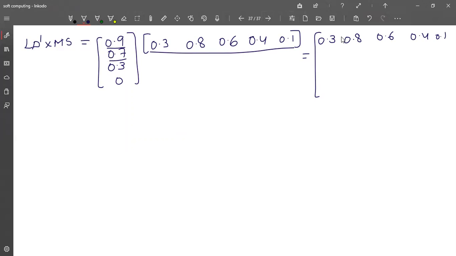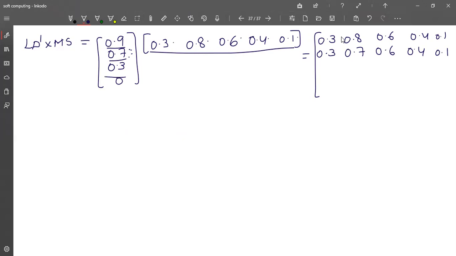Now 0.7 compared with 0.3, 0.3 is minimum; with 0.8, 0.7; with 0.6, 0.6; with 0.4, 0.4; with 0.1, 0.1.